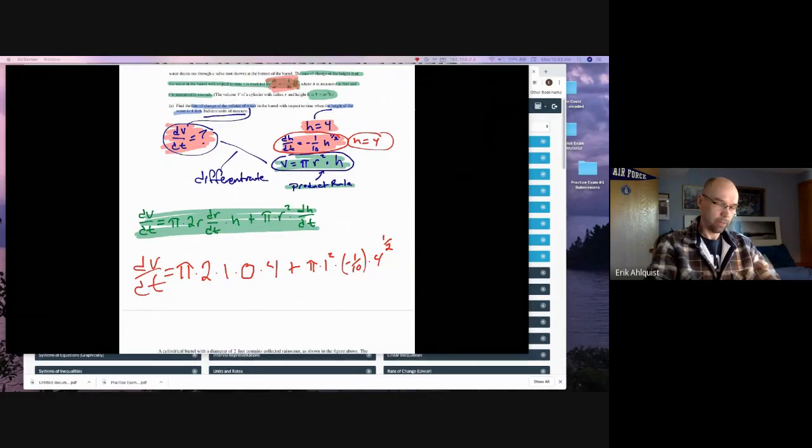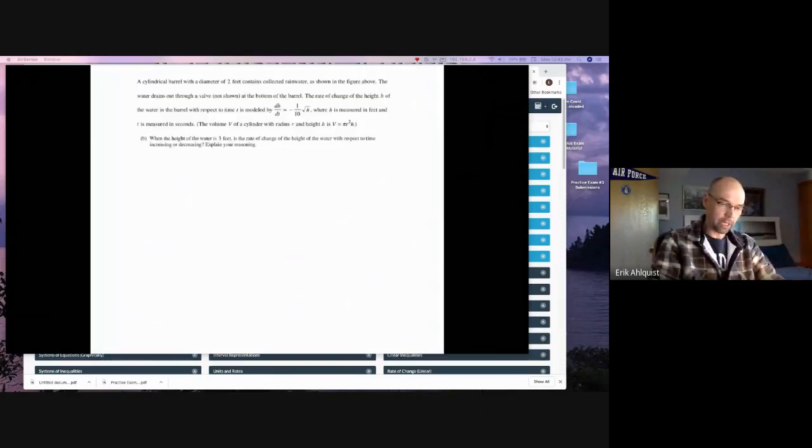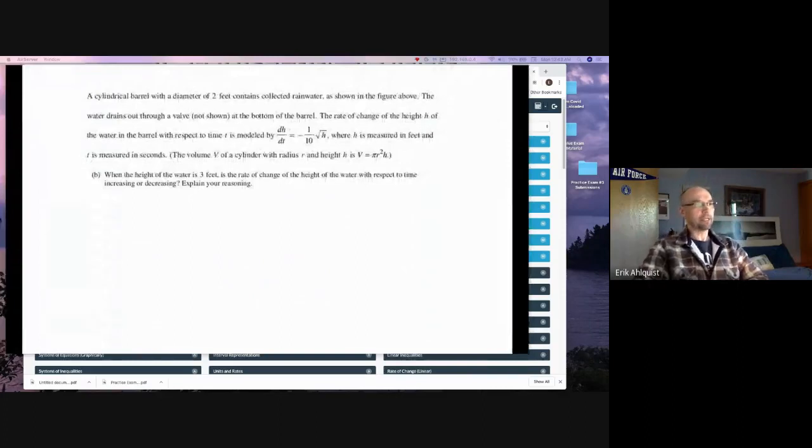On part B, I copied the whole thing down here to get ready for you today. I left the stem of the problem in there because I think I'm going to use it a little bit more.